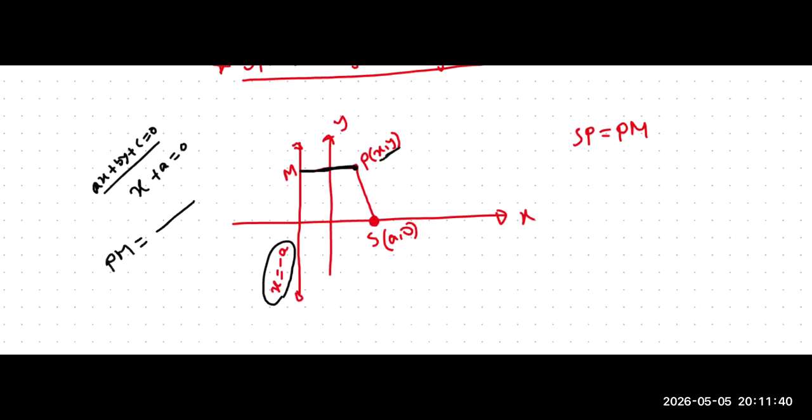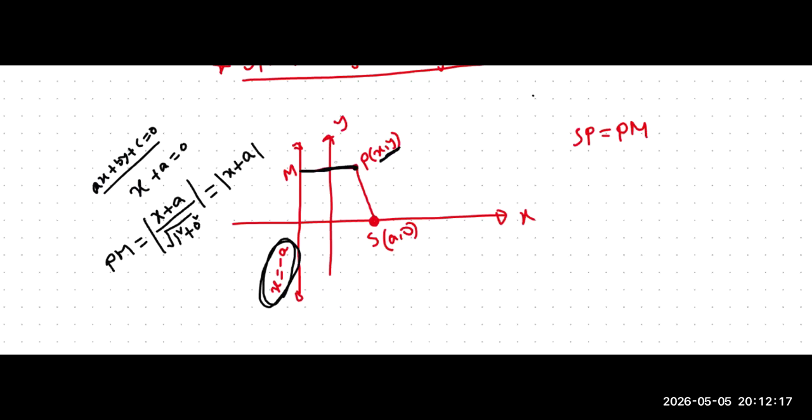If you put x and y into the equation x plus a equal to 0, this is simply x plus a divided by the square root of the coefficient of x squared plus the coefficient of y squared. In this case the coefficient of x is 1, squared, and the coefficient of y is 0, squared. So this PM distance is basically x plus a, because the denominator is 1.